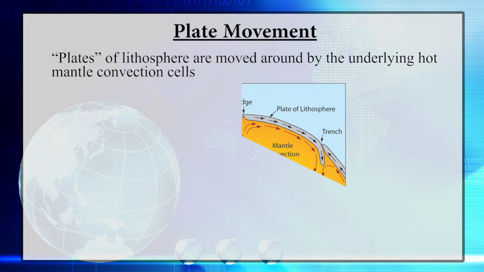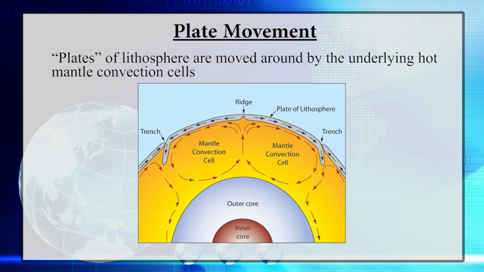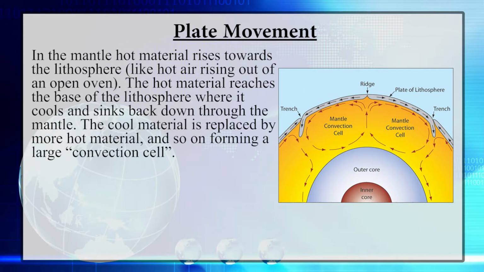Actually, the question of how tectonic plates are moved around the globe is answered by understanding the mantle convection cell. In the mantle, hot material rises towards the lithosphere like hot air rising out of an open oven, and the hot material reaches the base of the lithosphere where it cools and sinks back down through the mantle.